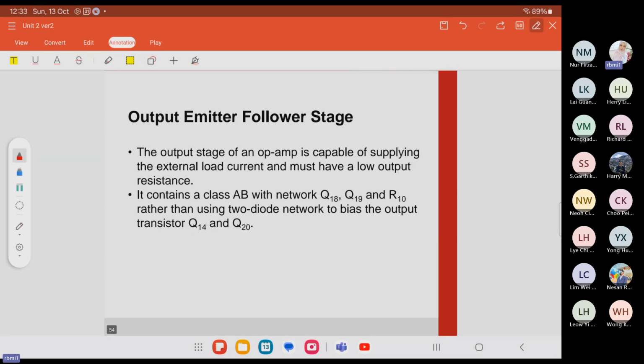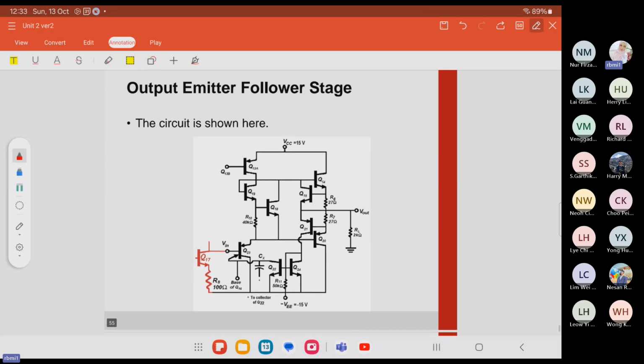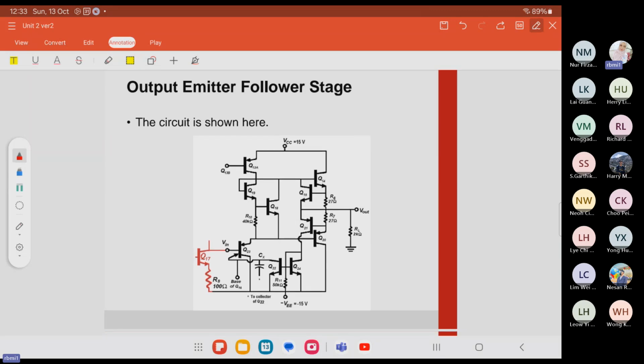And this is for the emitter follower stage, which is actually the final stage. The output stage of an op-amp is capable of supplying the external load current and must have a low output resistance. Looking at the circuit here, it contains a class AB with the network Q18, Q19, and Q10.